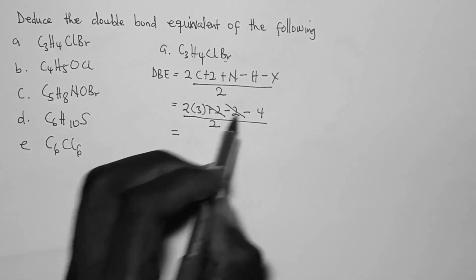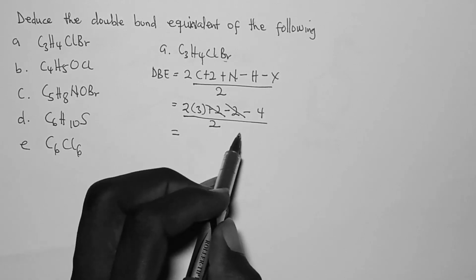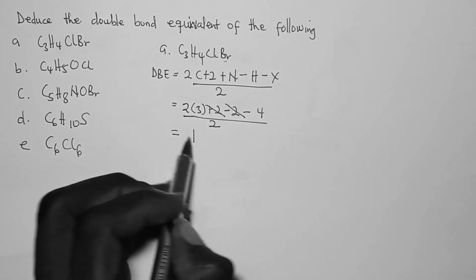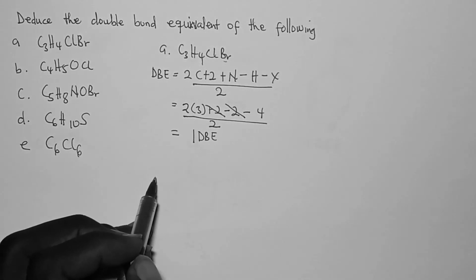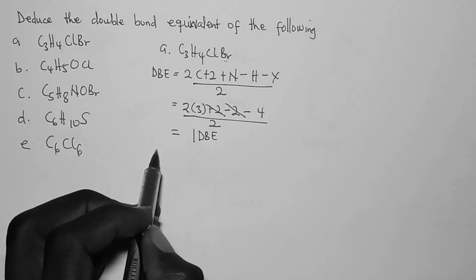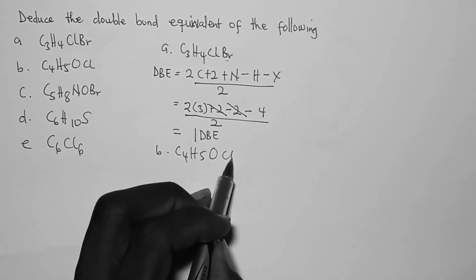So plus 2 minus 2 can cancel out. 2 times 3 is 6. 6 minus 4 is 2. 2 divided by 2 is 1. And therefore, this molecule has 1 double bond equivalent. Let's come to the B. The B is C4H5OCl.